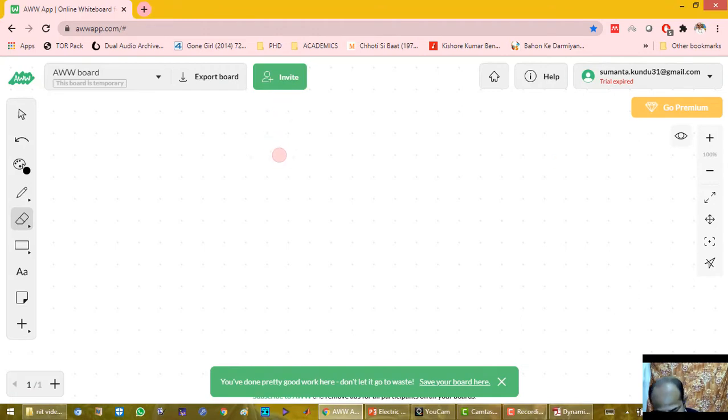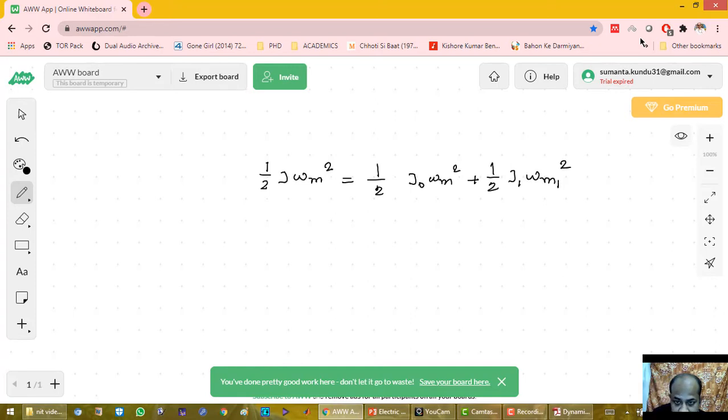It is my half J omega m square equals half J0 omega m square plus half J1 omega m1 square. If we divide this equation by half omega m square, the half omega m square will cancel, and J0 and half will cancel each other.